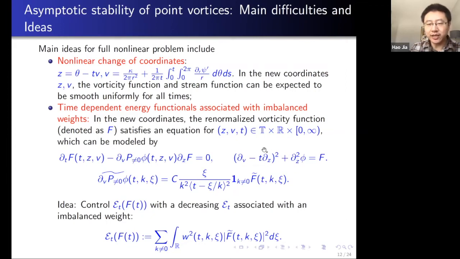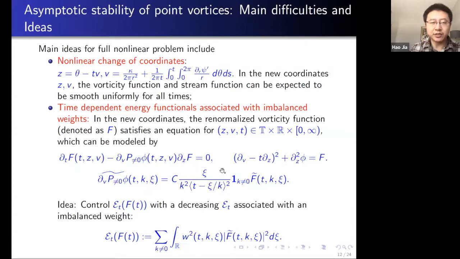But in the elliptic equation you do not really recover partial v; you recover partial v minus t partial z. So there is a mismatch between the loss of derivative and the recovered derivative. In Fourier space, we can see that you have this psi divided by t minus psi over k.